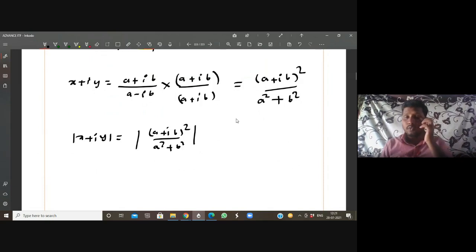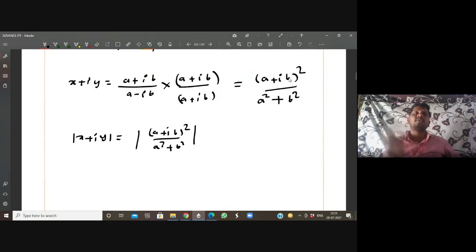We can do in two ways here. You have to expand here. Apply the a plus b whole square, then a square plus b square plus 2 into iota times of ab we will get. So after that you can take modulus on both sides, or else you may take directly like this.